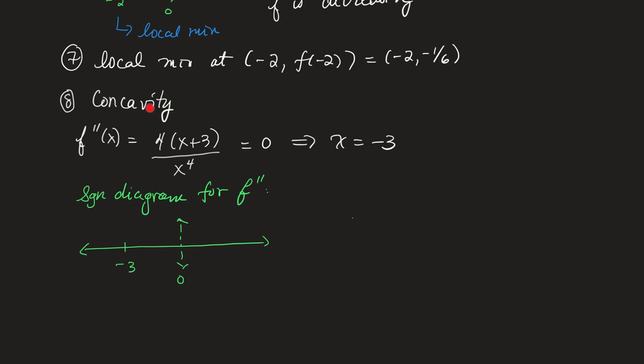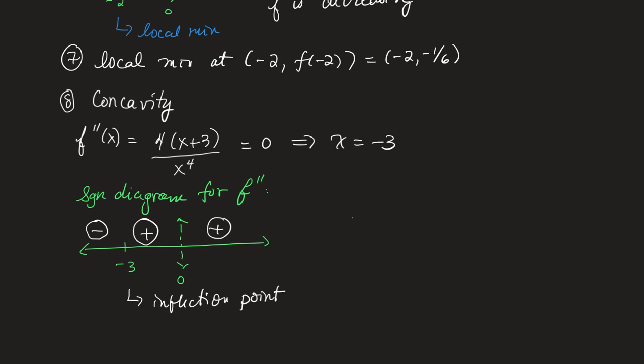So looking at the sign of the second derivative on this interval, it's going to be positive. And moving to the next interval, it's also positive. For instance, you could take minus 1 as your test point, and you can see that when you plug that into the second derivative, it's positive, and then it switches sign. This tells me that, in fact, minus 3 gives me an inflection point because it changes concavity there.